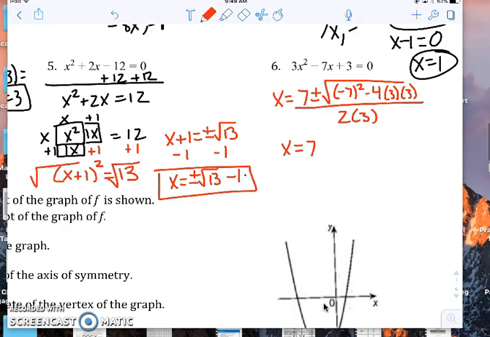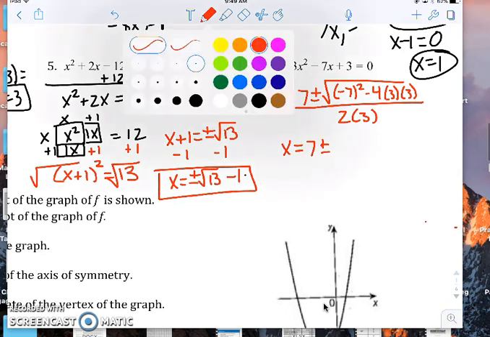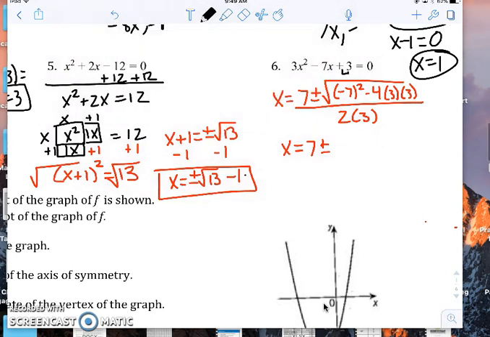So x equals 7 plus or minus the square root. Let's see, what is this? So we got 49 here minus 4 times 3 is 12, times 3 is 36. So is that 13? So the square root of 13 over 6, and we could leave it just like that.